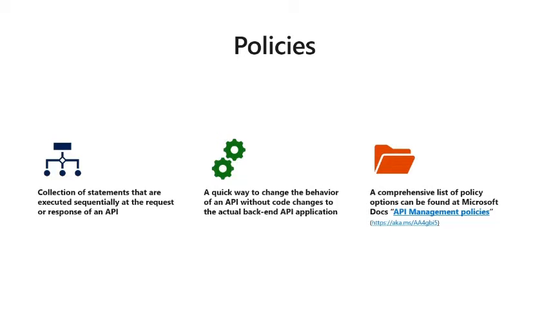So you can include these policies in your API management and handle a big job simply by writing some configuration. It's a quick way to change the behavior of an API without code change to the actual backend API application. A comprehensive list of policy options can be found in the API management policies documentation.